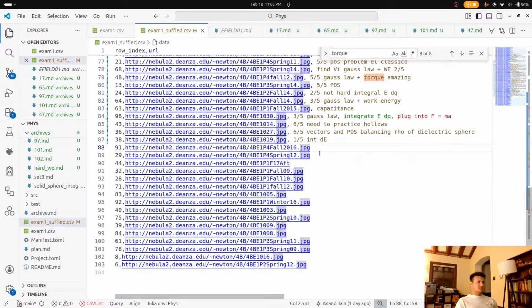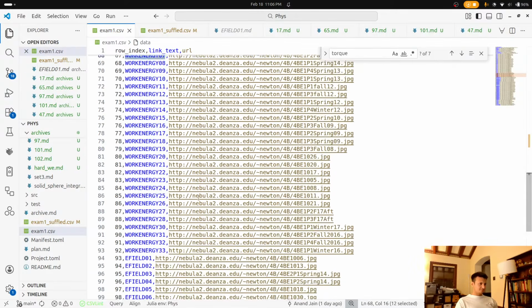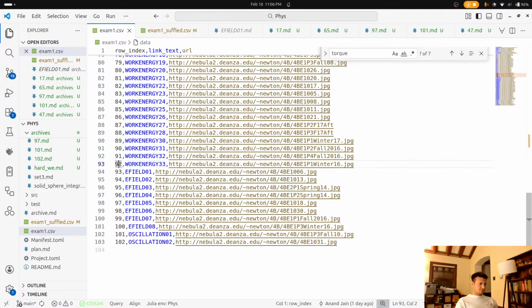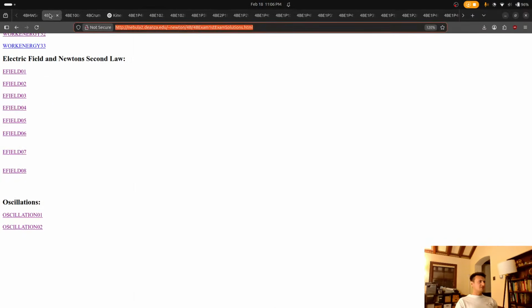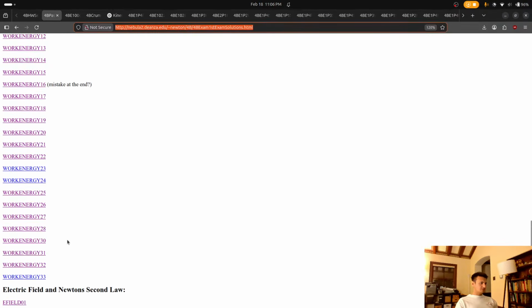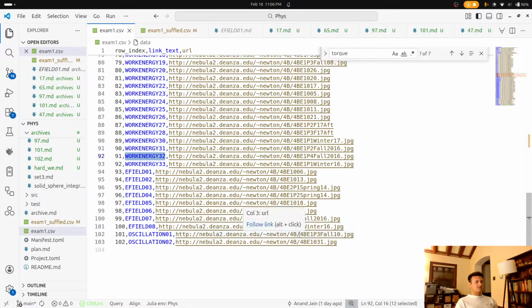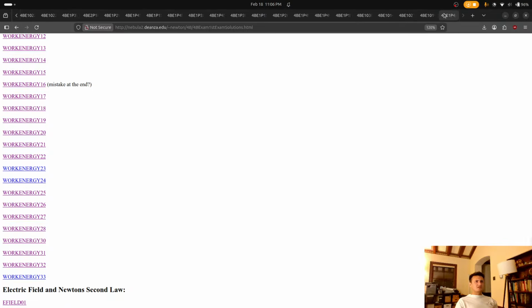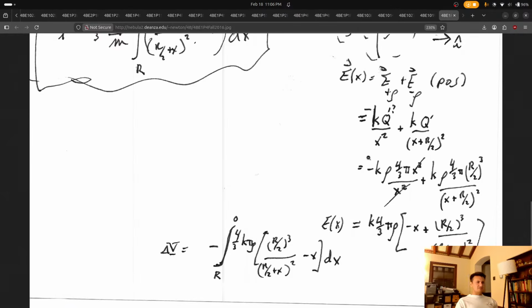Which one is this? 91. Work energy 32. There's nothing said about it, but this seems off.